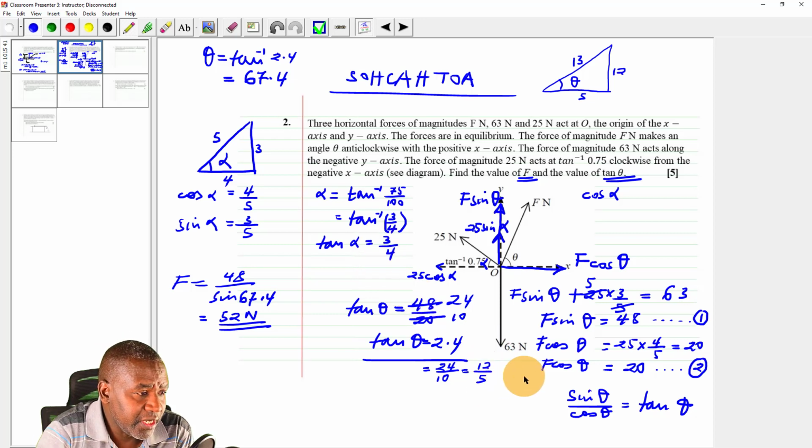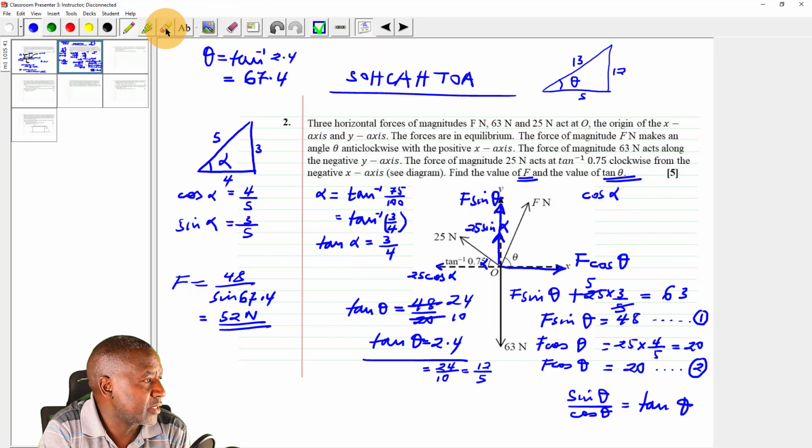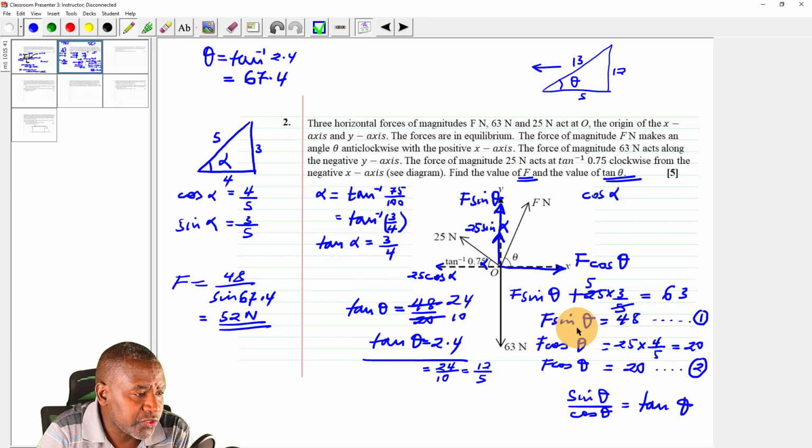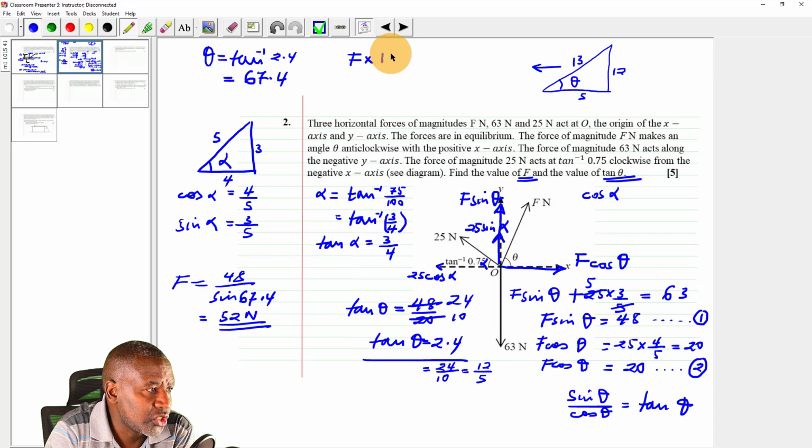So that even in calculating the value of F here, you can say that F, so where am I going to write this? Let me just erase this and write my work here. It's quite crowded, but I hope you're following. I'm going to use this expression to get the value of F. So I'm going to get F times sine of theta. Sine of theta will be opposite over the hypotenuse, which is 12 over 13.